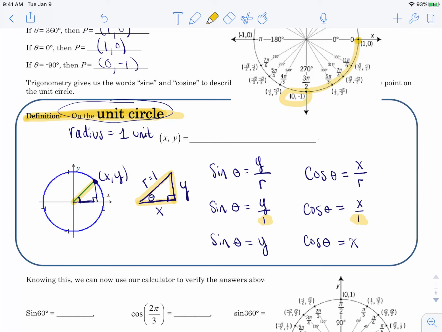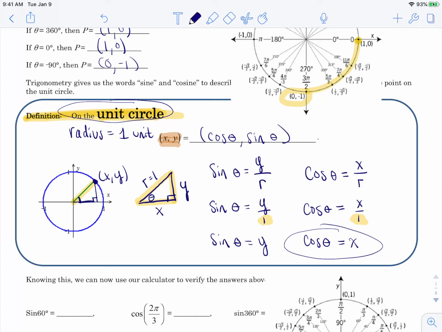So for this coordinate, x, y, really, if you're in the unit circle, all of your x's are your cosine values, and all your y's are your sine values. Now, many students will get that mixed up because we're so used to finding those 6 trig functions. We find sine first, then we find cosine, then we find tangent. But just remember that your x's are always your cosines.